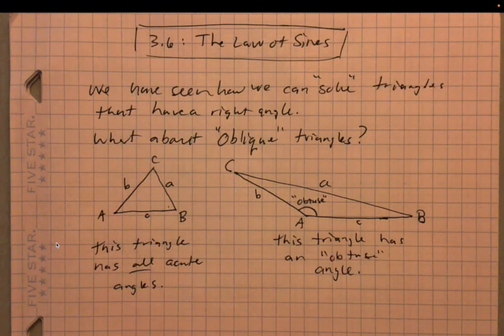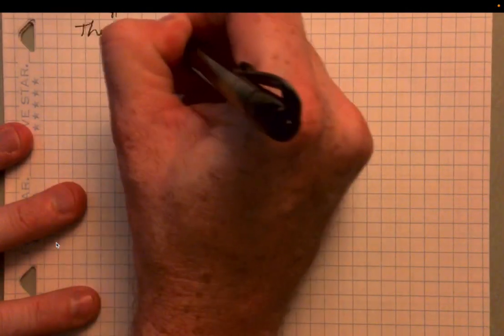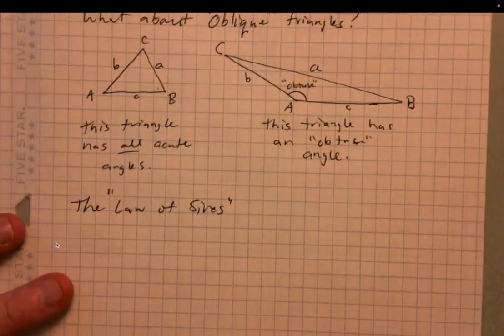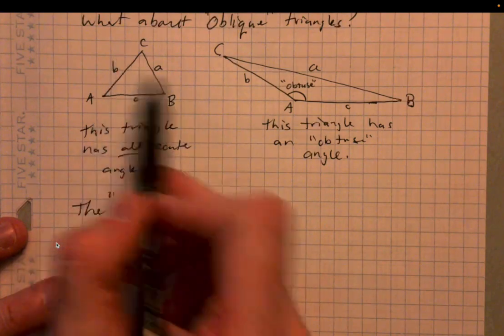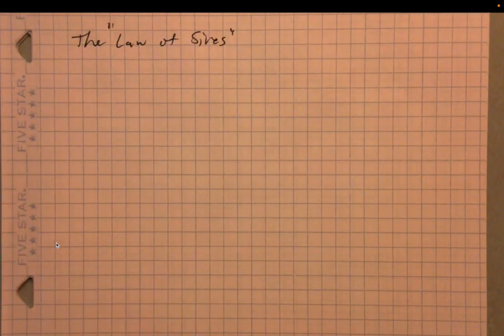Okay, so let's state the law of sines. The law of sines is going to be the tool we're going to use to solve triangles like these. It's going to be one of the tools anyways.